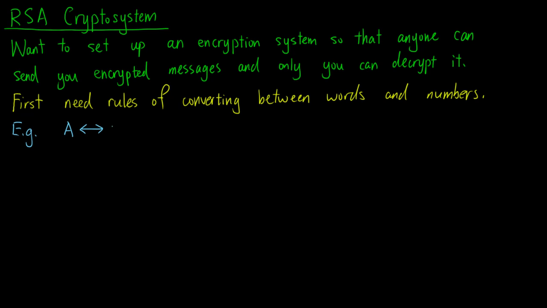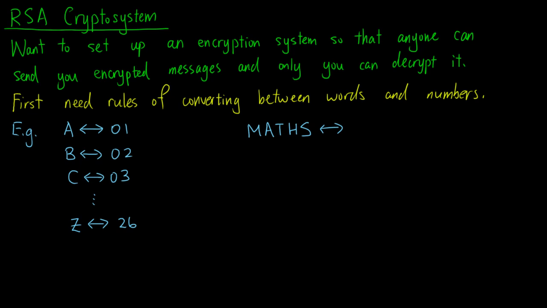So the letter A corresponds to 01, B corresponds to 02, C corresponds to 03, and so on, until Z, which corresponds to 26. Using this set of rules, the word maths corresponds to the string of numbers 13, 01, 20, 08, 19.